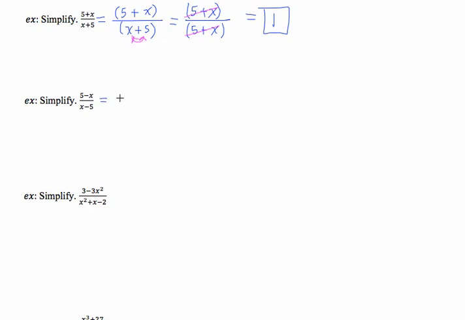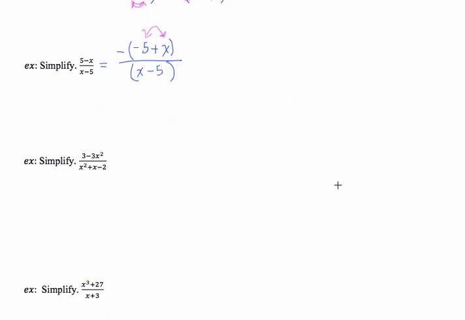So I'm going to factor out a negative 1 from the numerator, in which case I'd be left with negative 5 plus x, and in the denominator I have x minus 5. Now if it helps you, add some parentheses around that, because you can see it's very similar to this factor in the top, negative 5 plus x. We can reverse those two terms.